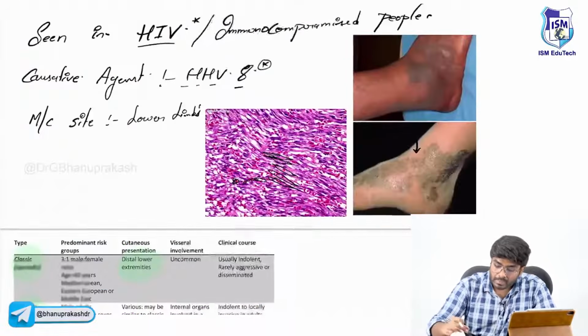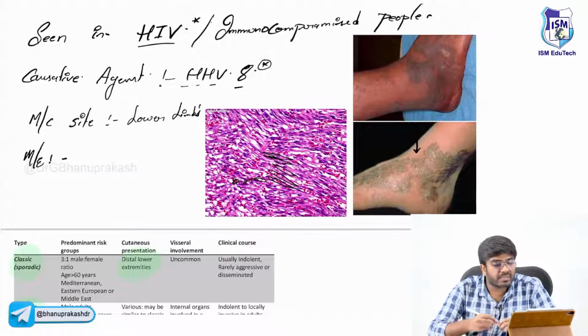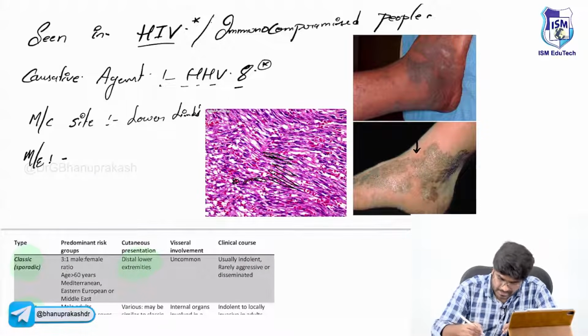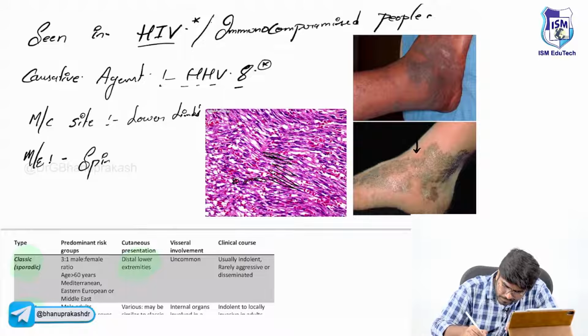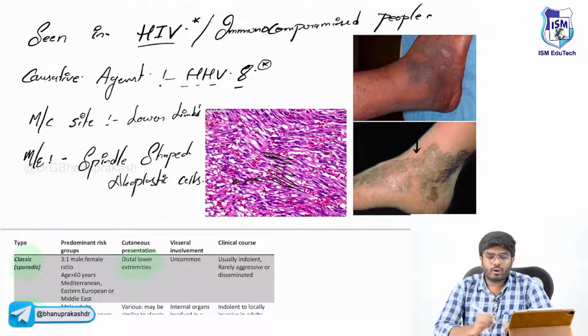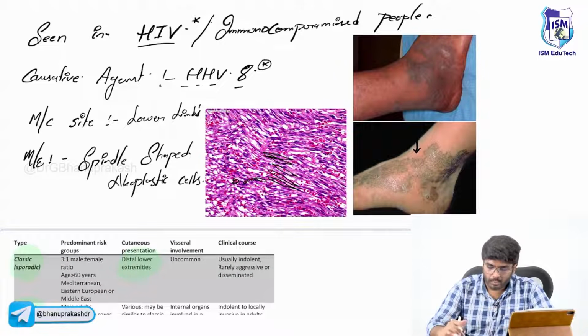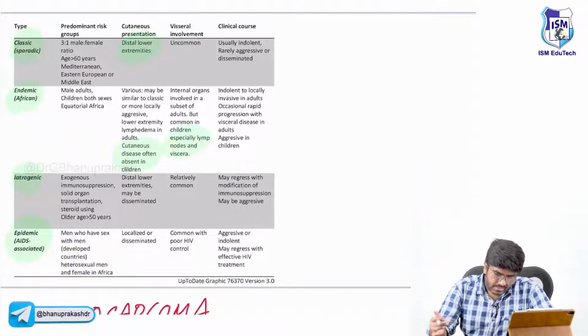So on microscopy, on histology, there are spindle shaped neoplastic cells present. Along with the RBCs and blood vessels, spindle shaped cancerous cells are going to be seen. That's the important point about Kaposi's sarcoma.